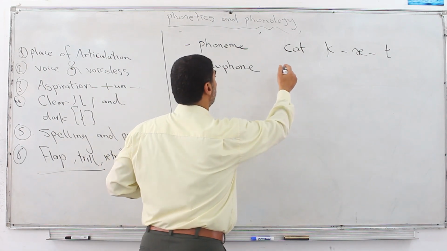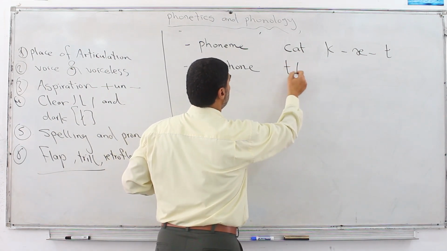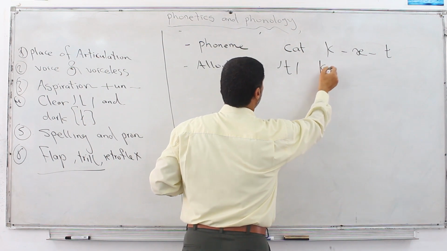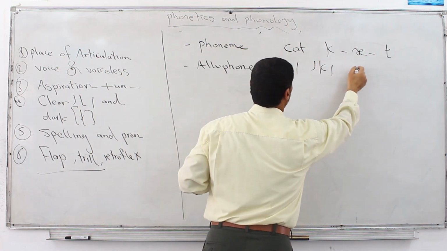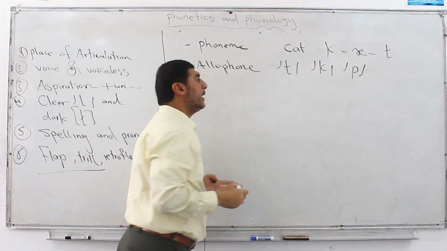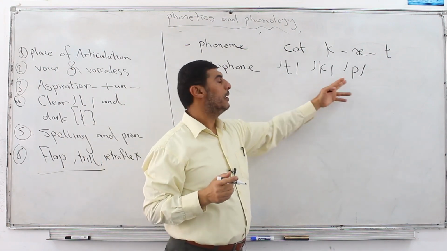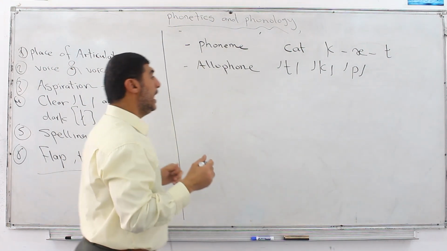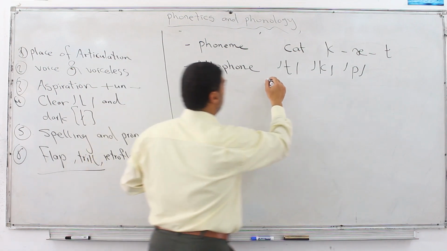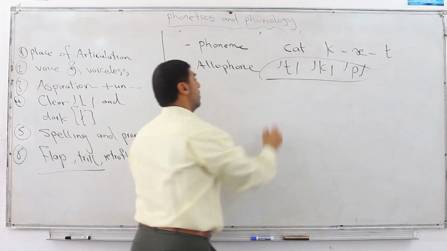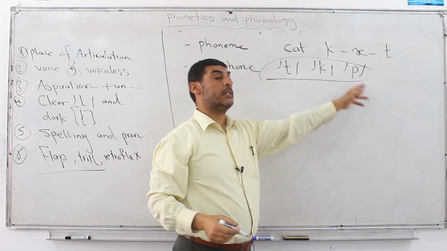Okay, try to take these sounds: t, k, and p. What is important about these three consonants? They are voiceless, voiceless, voiceless.